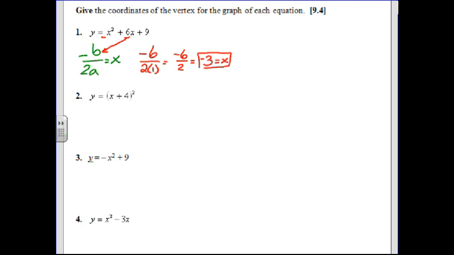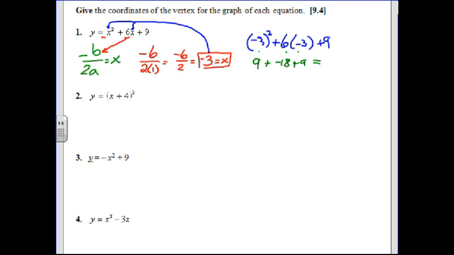So I take this negative 3 and plug it in there and there, so that I get negative 3 squared plus 6 times negative 3 plus 9. From here, I simply square the negative 3, which will be 9, multiply 6 times negative 3, which will be negative 18, and add the 9.